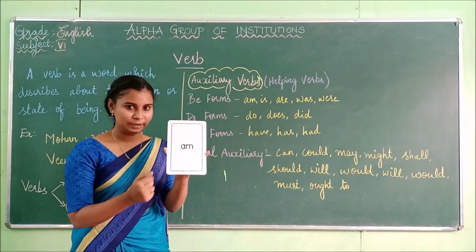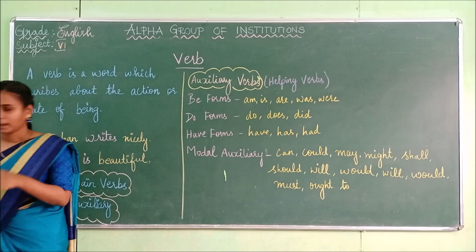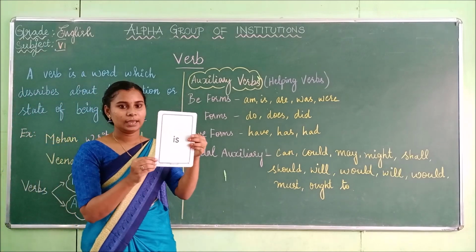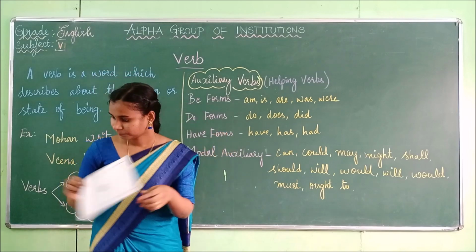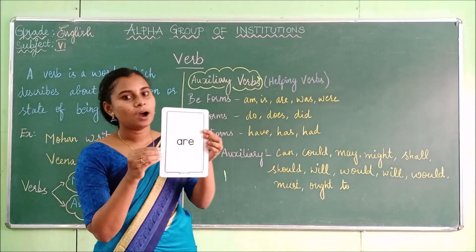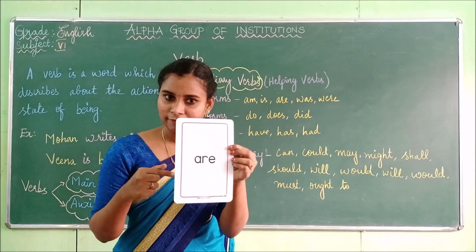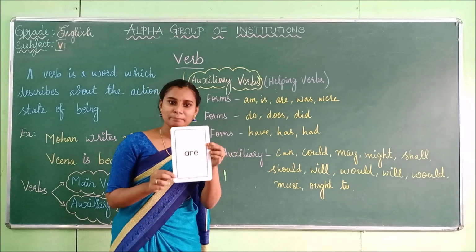Yes, am is a be form, very good. And can you tell me what this is? It is. So is is also a be form. Next we have are. Is this a be form? Yes, very good. Are is a be form.